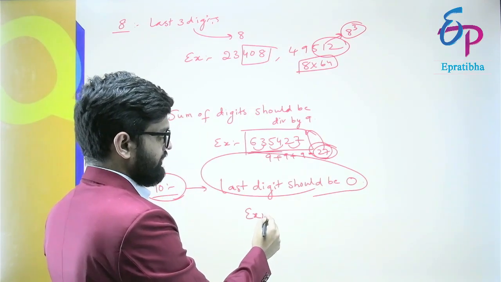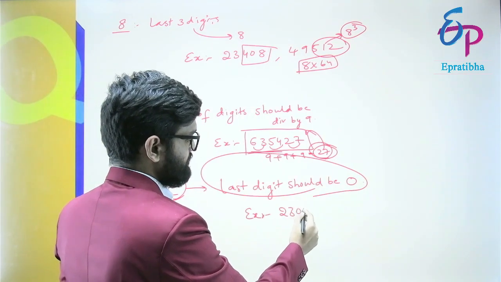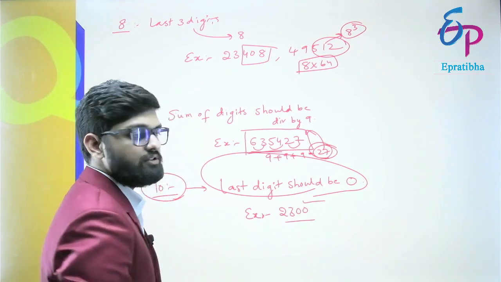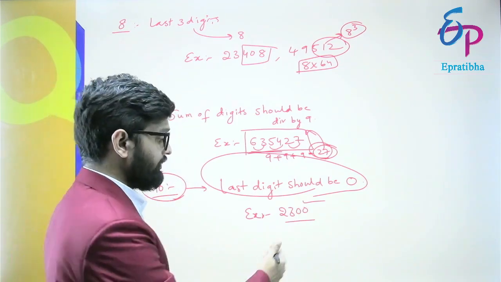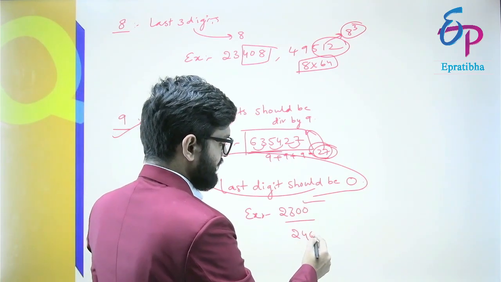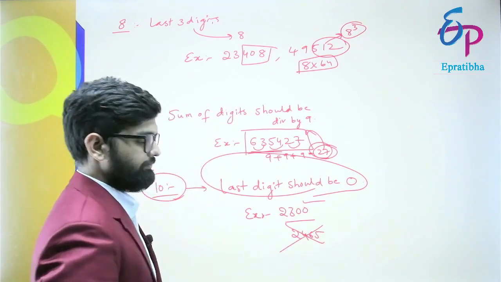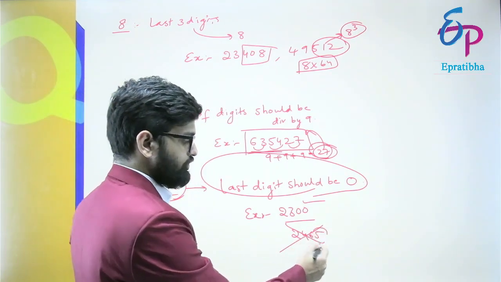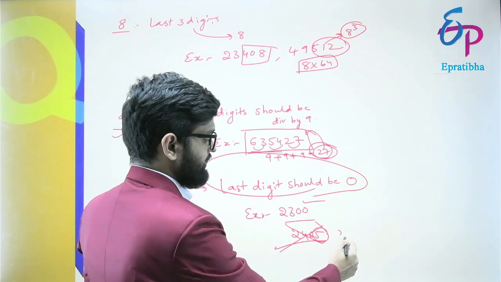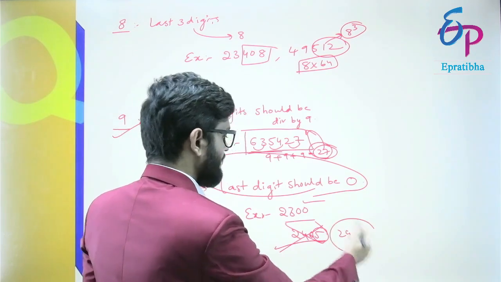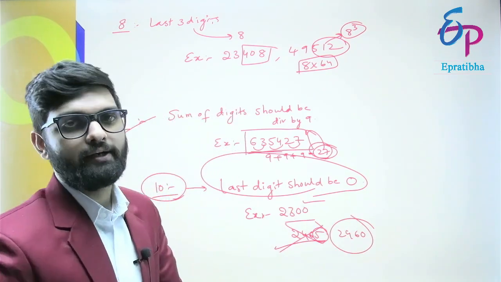If you take 2300, the last digit is 0, that's why it will come in the 10 table. If you take 2465, it will not come in the 10 table because the last digit is 5, right? It should be 0. If it is like 2460, you can tell the number is divisible by 10.